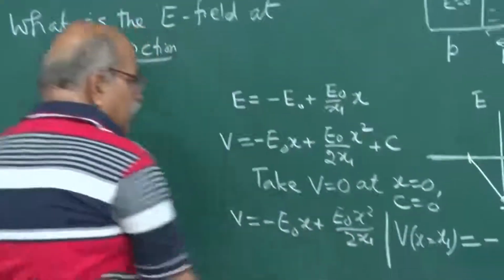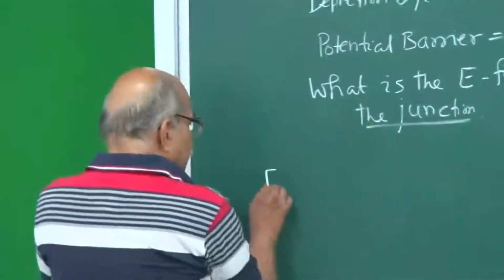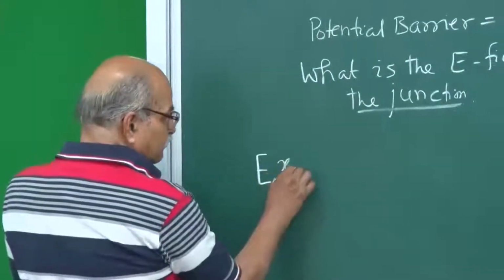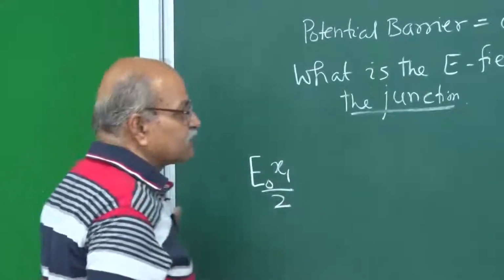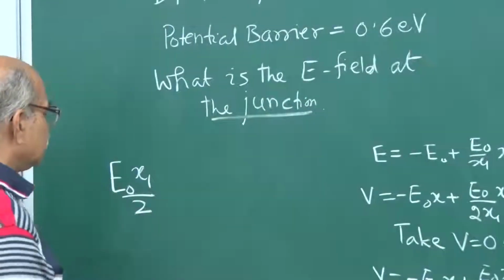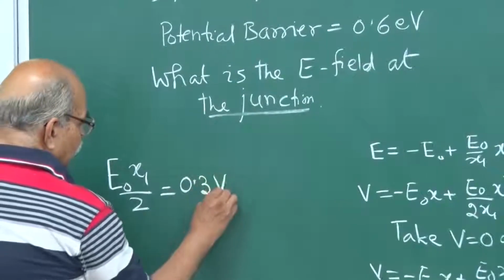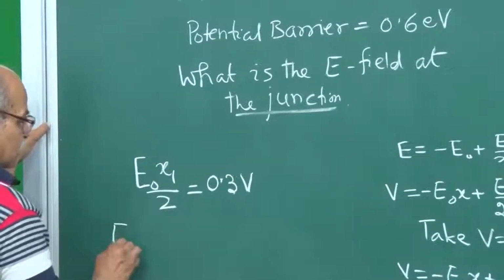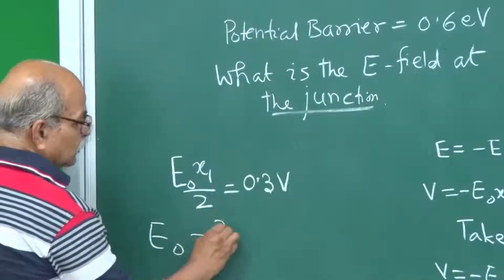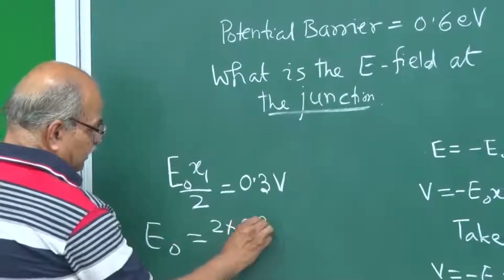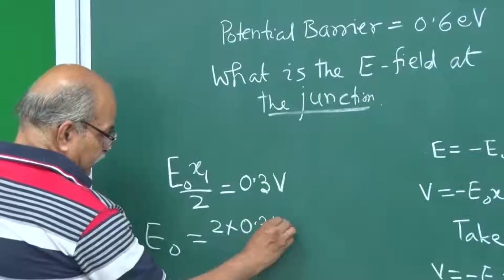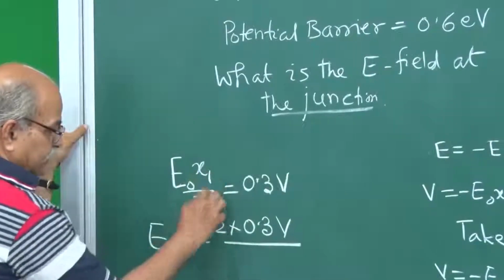So this E naught x1 by 2, the potential difference from the junction to the end of the barrier, should be 0.3 volts. From here you can get E naught: 2 into 0.3 volts, divided by x1.